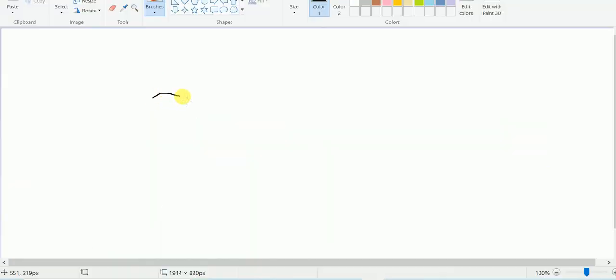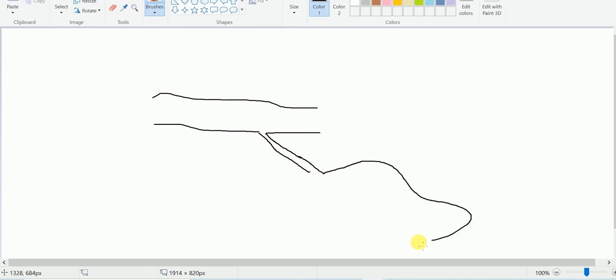For example, this is a stream in the mountainous area, and from here we may dig a small diversion channel, and water is diverted from this river and provided to the agricultural field. This is what we call a gul or kul in the western Himalayas.